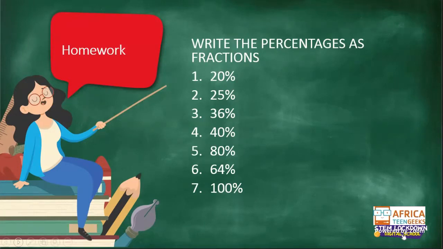We have 25%. Maclody says 1/4. JD 1/4. All right, thank you. Yes, that's correct. 25% equals 1/4.